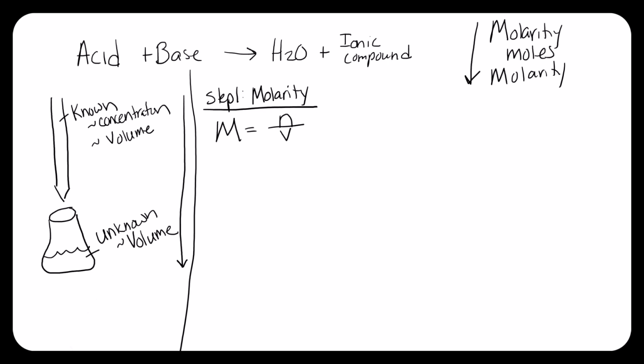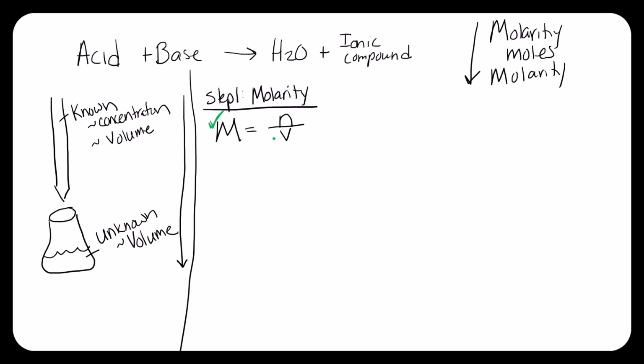In this case, we know the concentration of our known, so we're going to know the molarity. That's going to be something that we have. We're going to know how much of that we use during our titration. So we open it up, we close it, we open it up, we close it till it changes color.